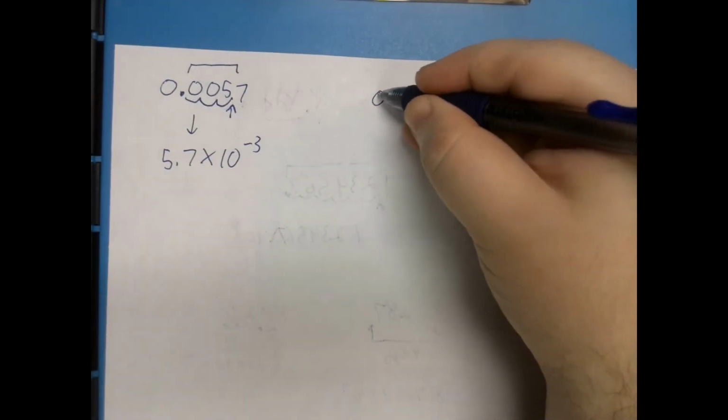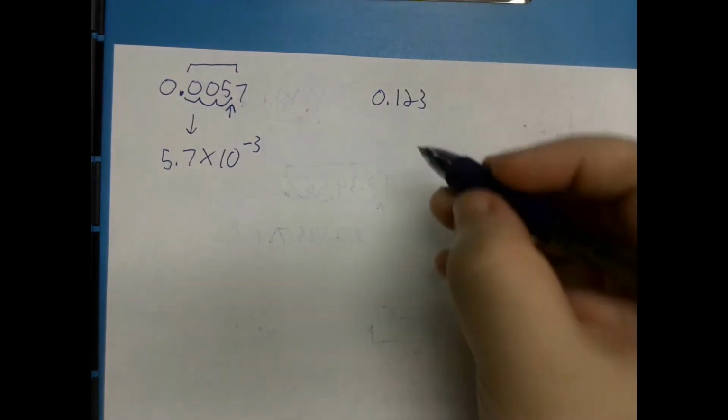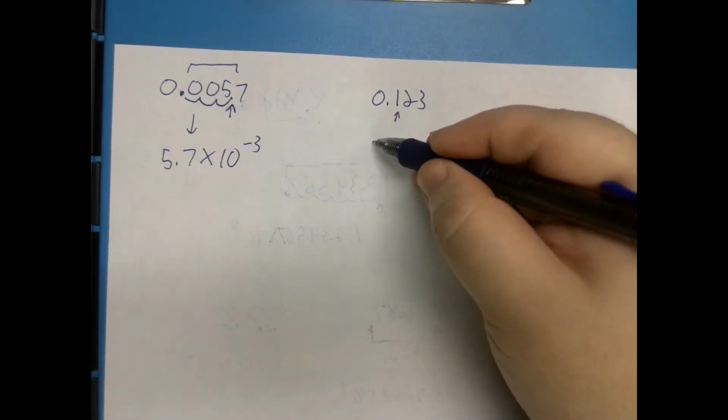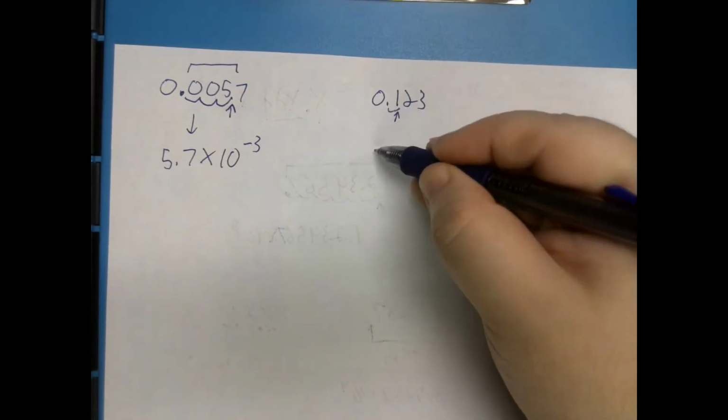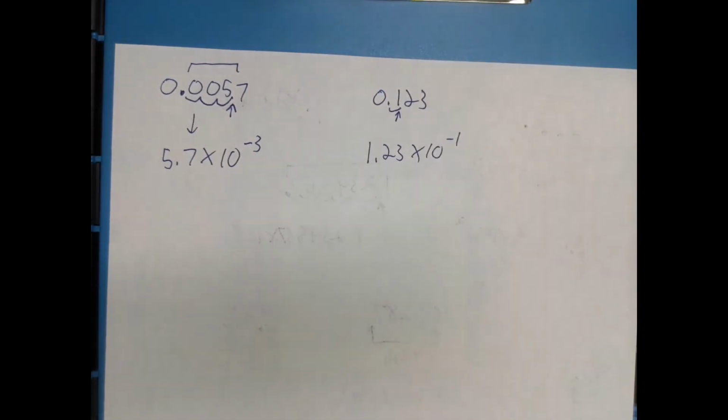So 0.123. Again, you want it after the first non-zero. So we need to go over one spot. 1.23 times 10 to the negative 1.